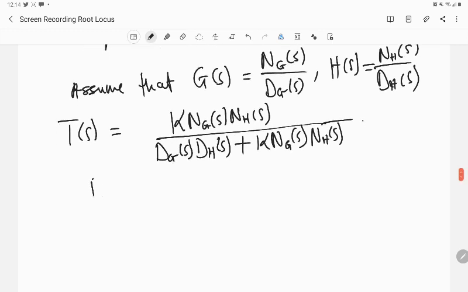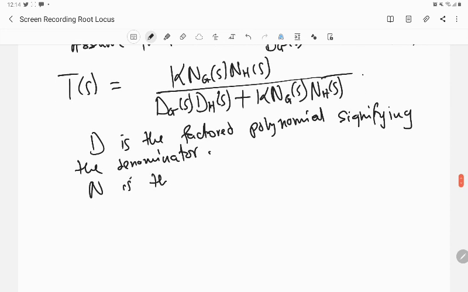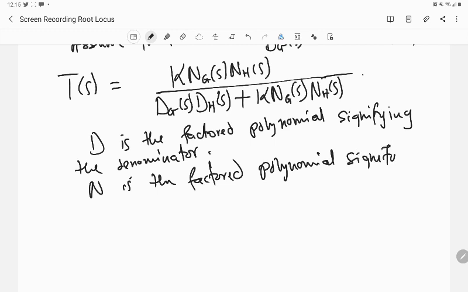Okay, where D is the factored polynomial signifying the denominator, and N is the factored polynomial signifying the numerator.